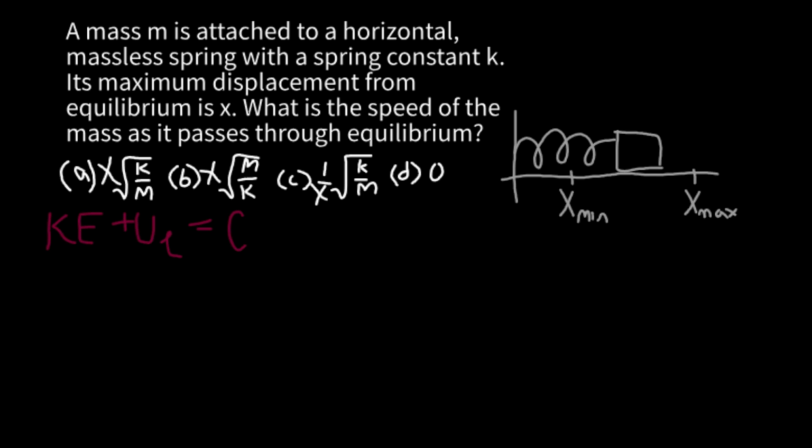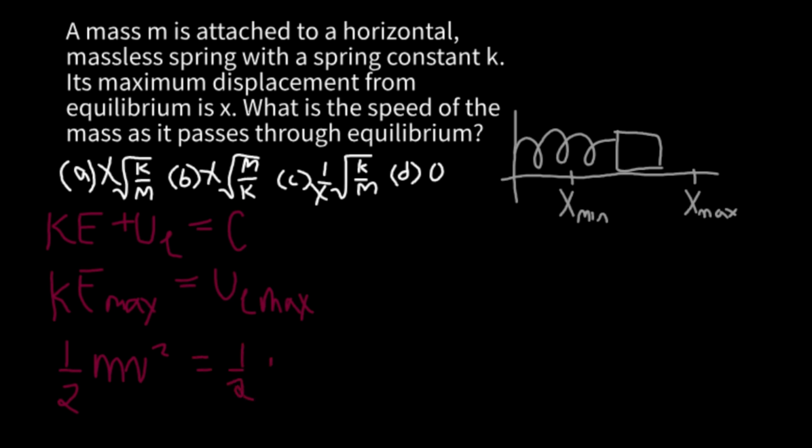Alright, and now as you might be able to tell from the options, we also have variables like x and k that are present in our elastic potential energy equation. And that's because KE max, the kinetic energy of the mass as it passes through equilibrium, is equal to its maximum elastic potential energy. So in that case, 1/2 mv squared, where v is maximum velocity, equals 1/2 kx squared.